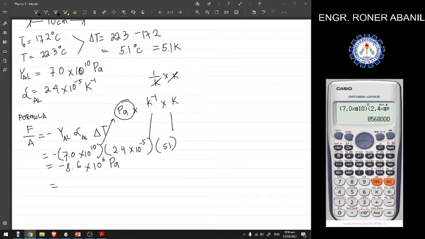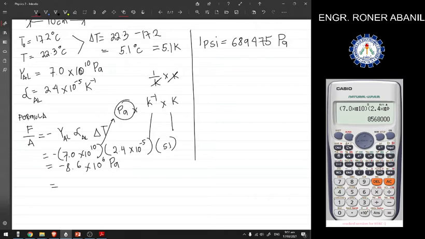Ang conversion factor na gagamitin natin is 1 PSI is equal to 6894.75 Pascal. Sorry, PSI yung nasa isip ko. This is Pascal.